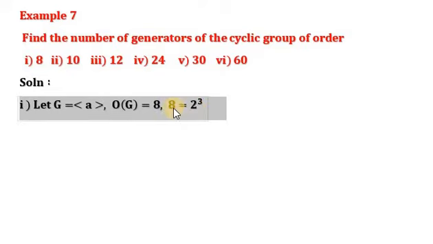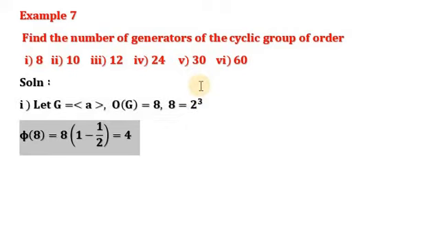The prime factor for 8 is nothing but 2, so 8 is 2 cube. Now let us take the previous formula, phi of n is equal to n into 1 minus 1 by p1. Here p1 is 2, only one prime is there, and n is the order of the group, that is 8, into 1 minus 1 by 2. 1 minus 1 by 2 is half. Half into 8 is 4.